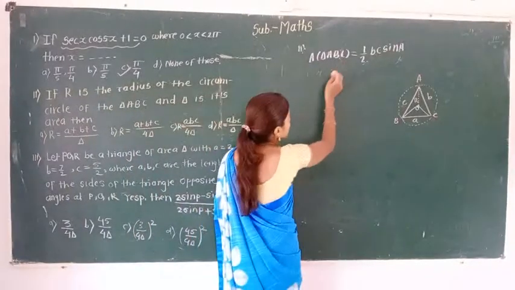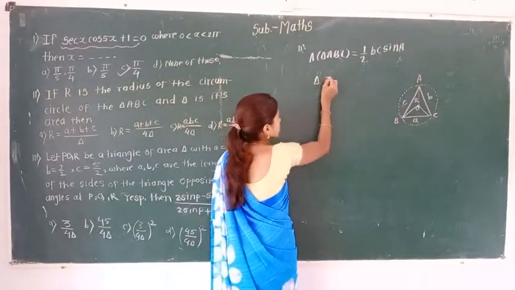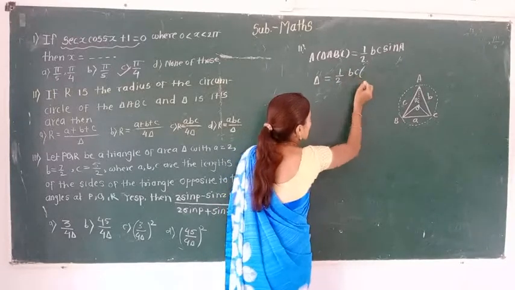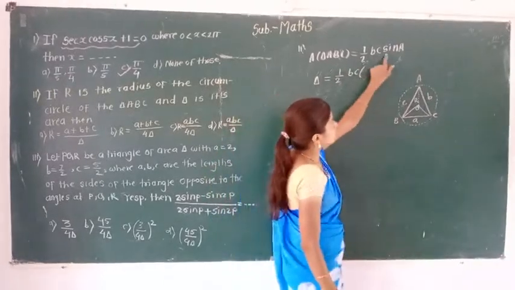Area of triangle is given as delta is equal to 1 by 2 into BC sine A, and we know the sine rule.